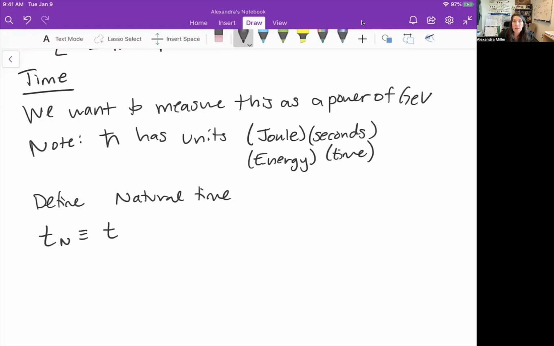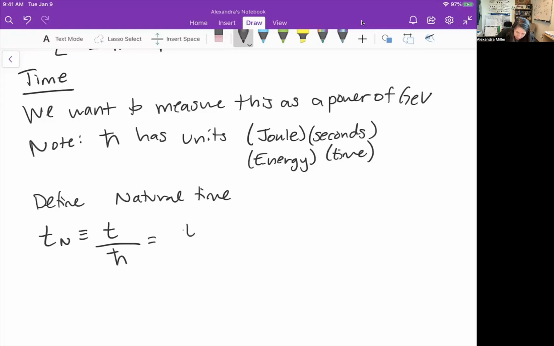We want our units of energy, or sorry, our units of time to cancel out. So we're going to divide this by Planck's constant. Because the units of seconds, if you're working in SI units, will go away, and we'll actually be left with inverse energy. So inverse GeV as our units, and that's okay because that's still some power of GeV.